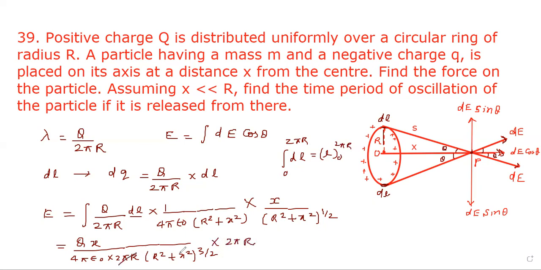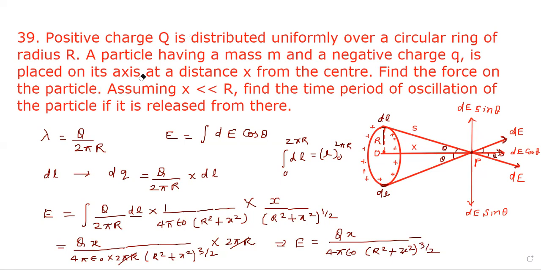So 2 pi r will cancel out, and we have got E equals Qx divided by 4 pi epsilon naught r square plus x square whole power 3 by 2.